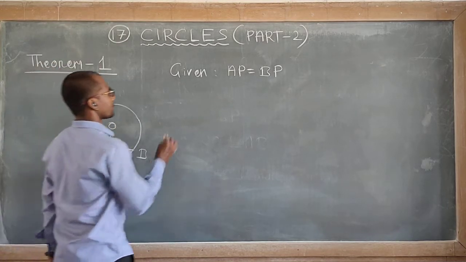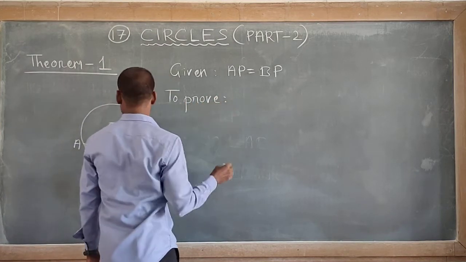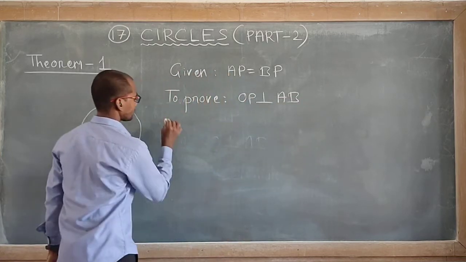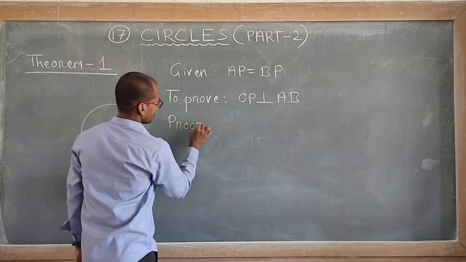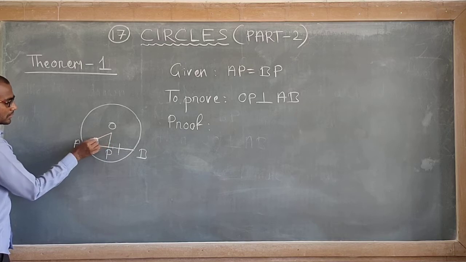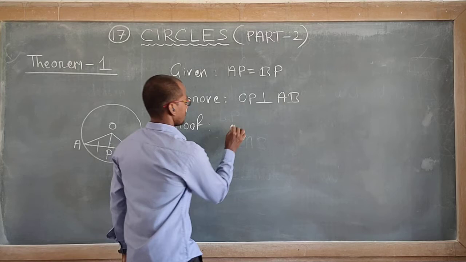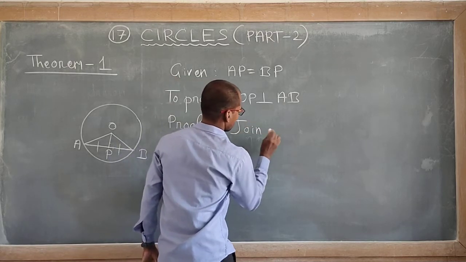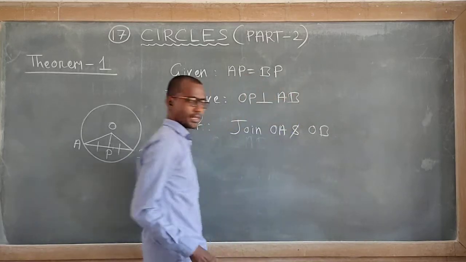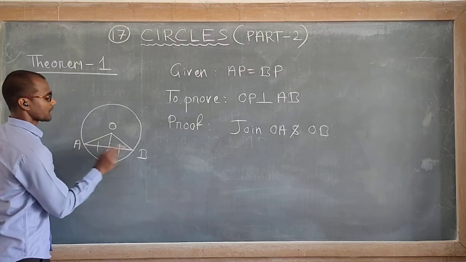So given AP is equal to BP, to prove OP is perpendicular to AB. Proof: join OA and OB. Now we have got two triangles, OPA and OPB.